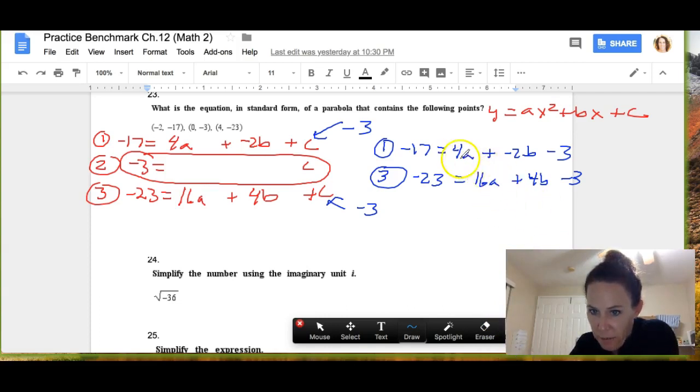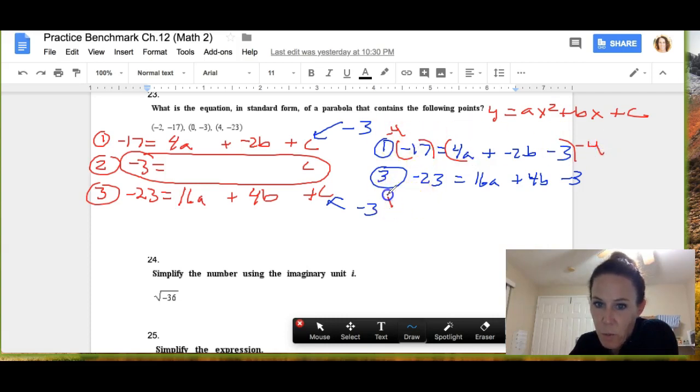Let's get the a's to fall out. I can do that by multiplying this equation through by -4. If this were -16 and this were +16 and I added them together, the a's would fall out. So I'm going to multiply both sides of the equation by -4. Okay, so let's multiply this by -4 and let's multiply this by -4, both sides of the equation.